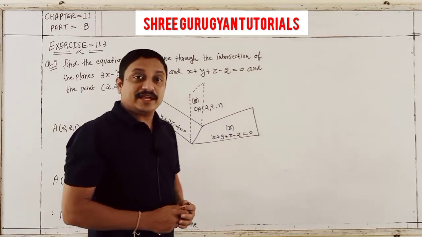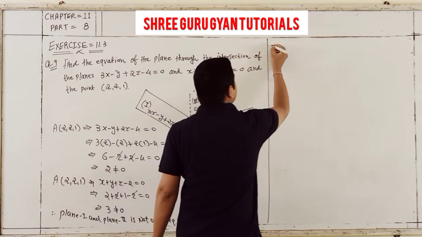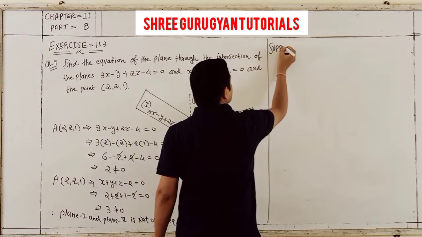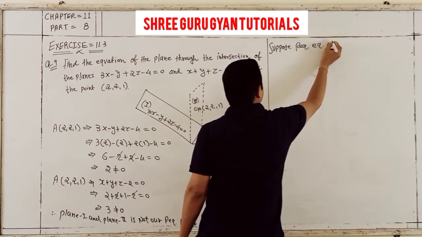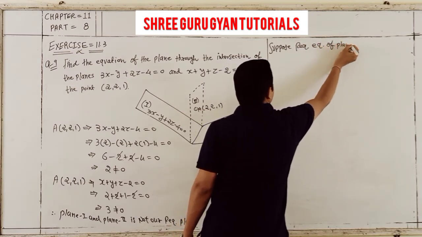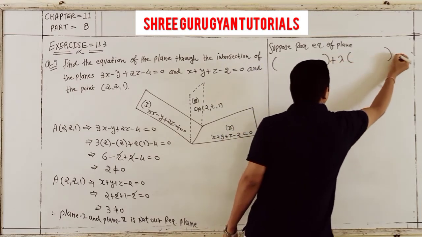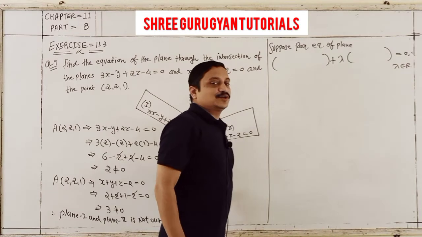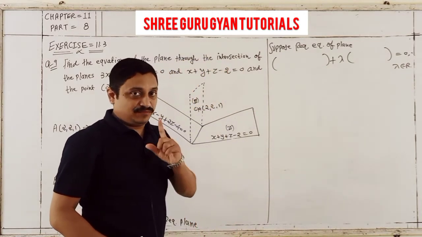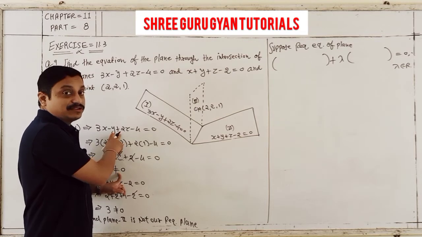So students, now I assume that the required equation of the plane is first plane plus lambda times second plane equals 0, where lambda belongs to R. If the point belongs to plane 1, then you do not write lambda with equation 1.